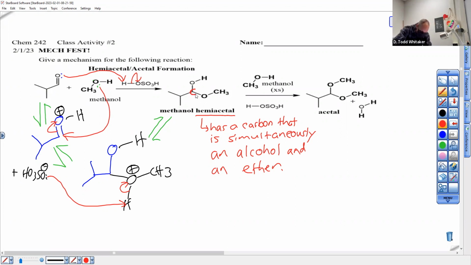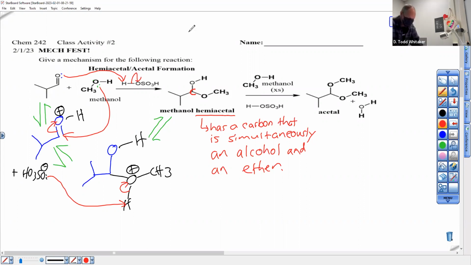Okay. So what we have to do is get to another activated carbonyl situation. Remember that. If you want to put a new O on, got to get an activated carbonyl. And what has to leave here? Take a look at the reaction.